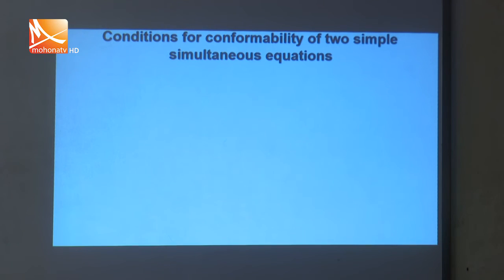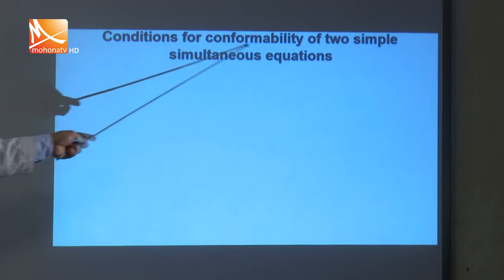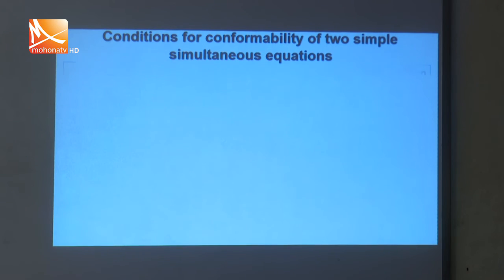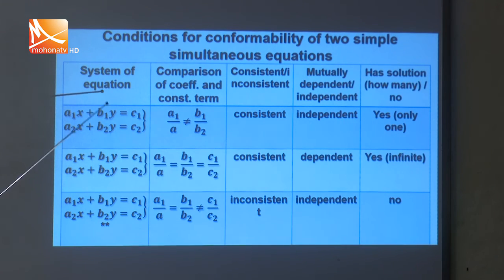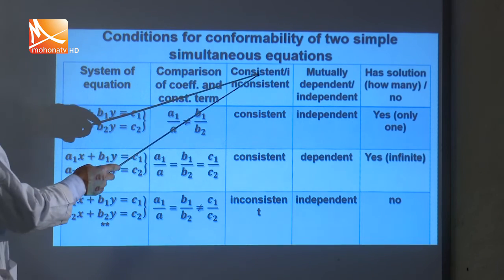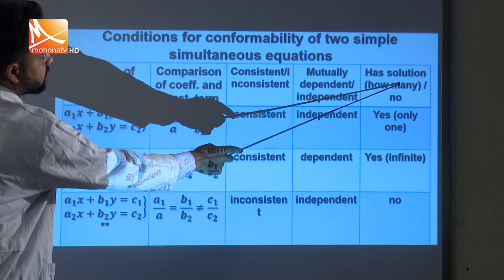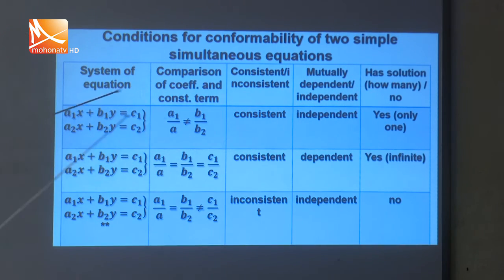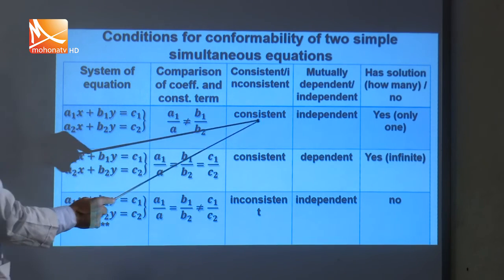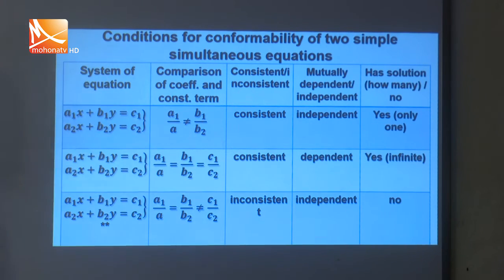So, students, the conditions for consistency of two simple simultaneous equations: system of equations, comparison of coefficients and constant terms, consistent, inconsistent, mutually dependent, independent, has solution, how many? If the ratio of x and y is not equal, then the two equations are consistent, independent and have only one solution.